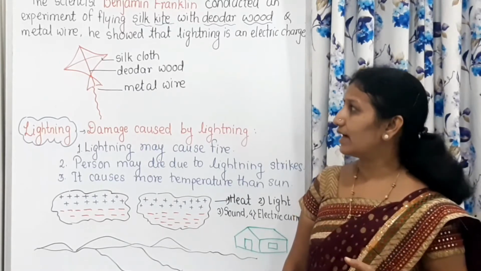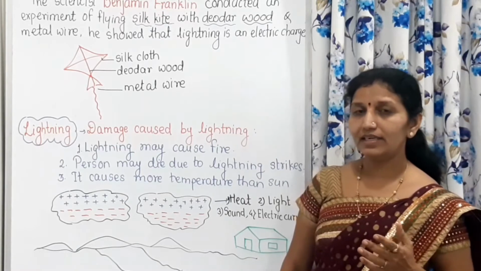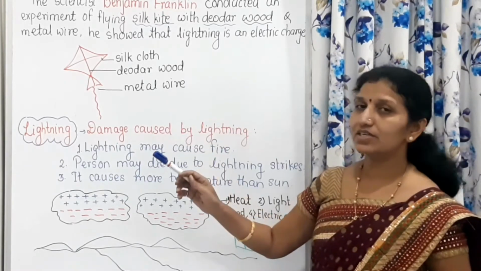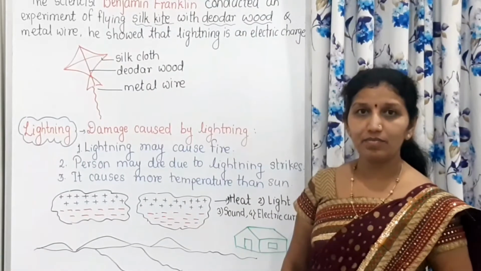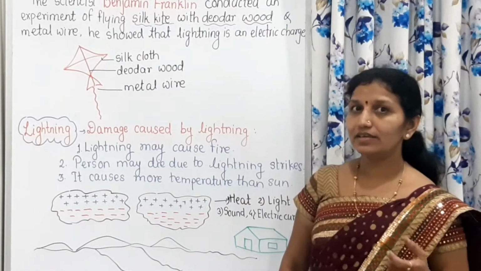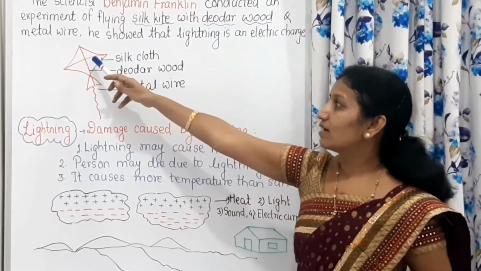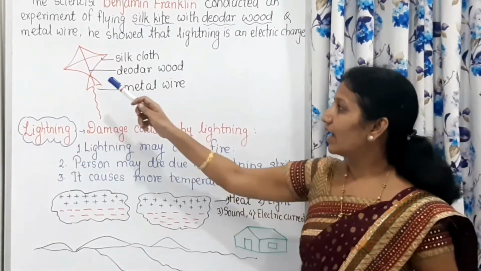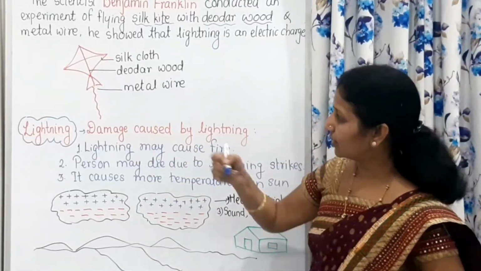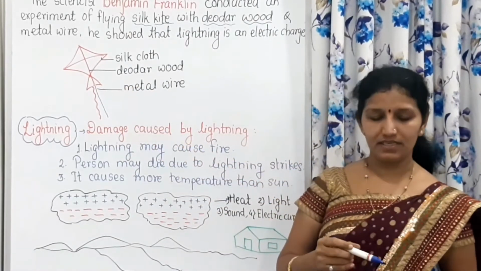He observed that when that kite touched the cloud, at that time the negative charge from that cloud came into the metal string, because metal is a good conductor of electricity, and because of that it was transferred into that metal wire, and this string was loose and it became tight.